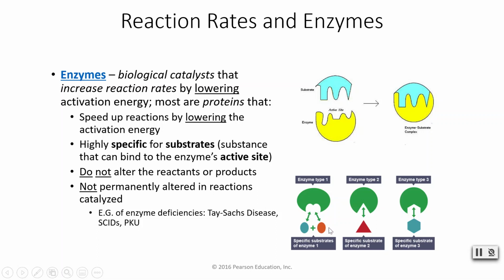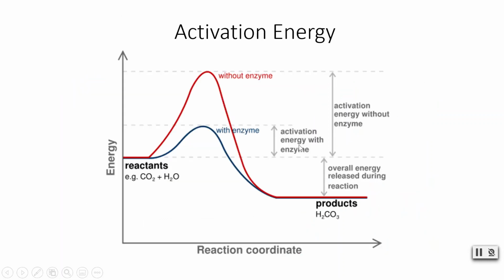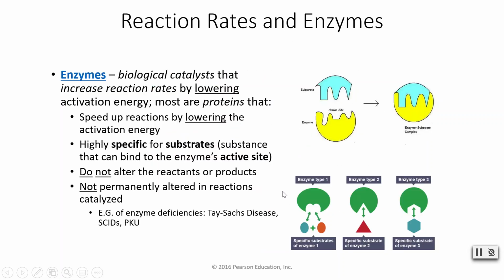So we can recycle these, we can reuse enzymes. Now, eventually, they do have a shelf life, just like everything. Enzymes are not immortal, but they can be used multiple times before they need to be broken down, and we create new ones.